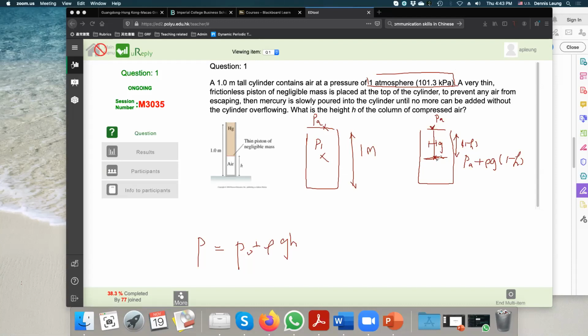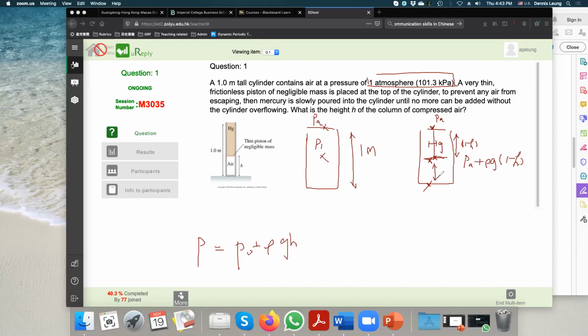What about the pressure at the top and the bottom of the air? Now, it is true, strictly speaking, that the pressure at the top and the bottom of the air are different, but it is minimal.